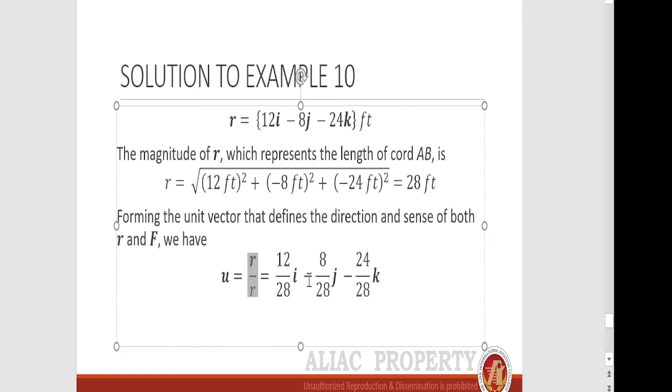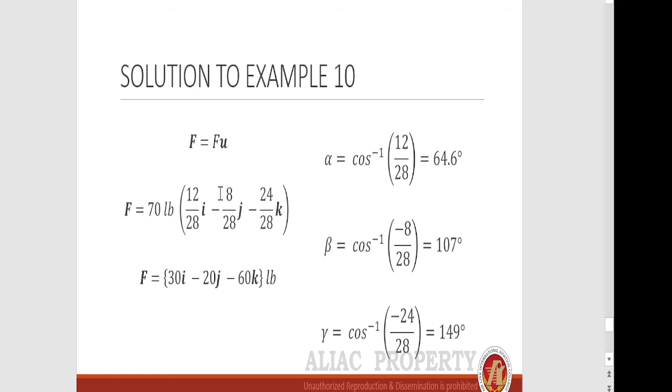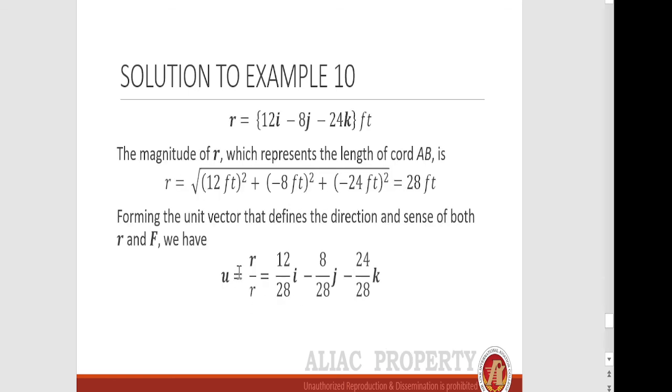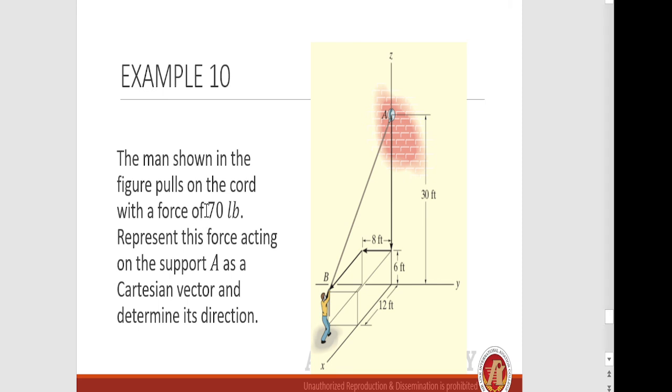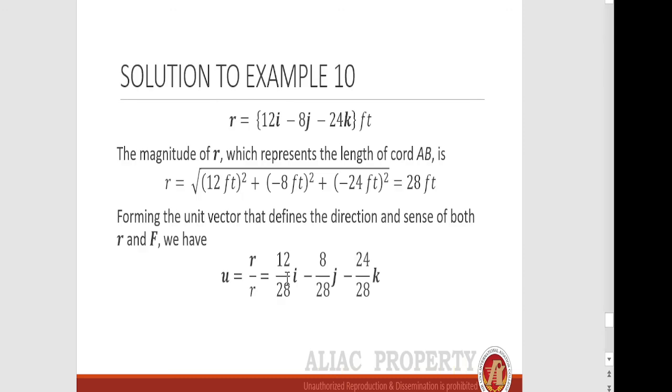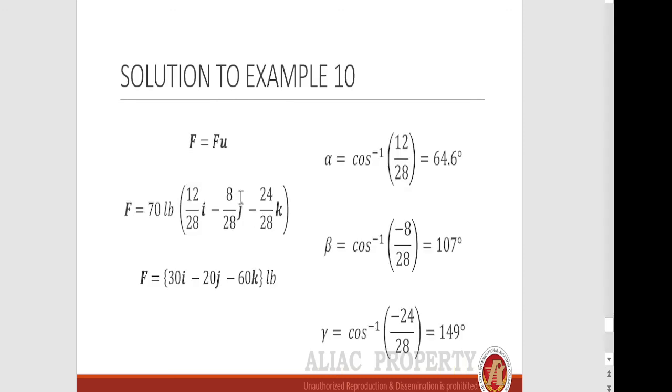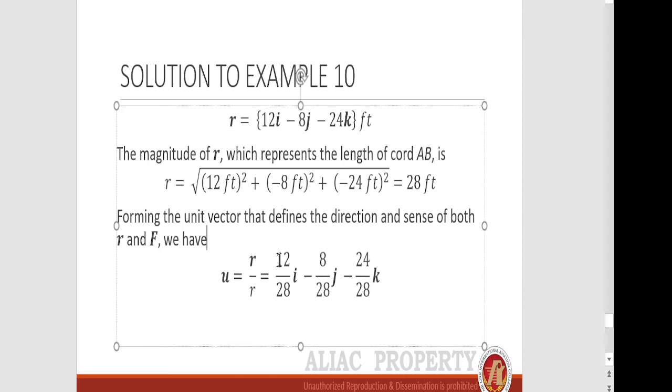Then for F, you have the unit vector, substitute here. We already have F, that is 70 pounds. The person is applying 70 pounds, that is the force. So just substitute 70 pounds times the unit vector we found here.